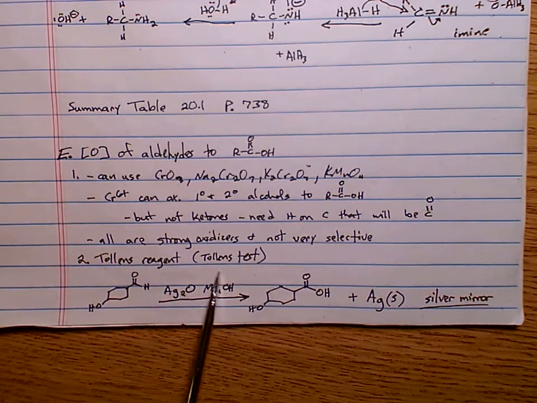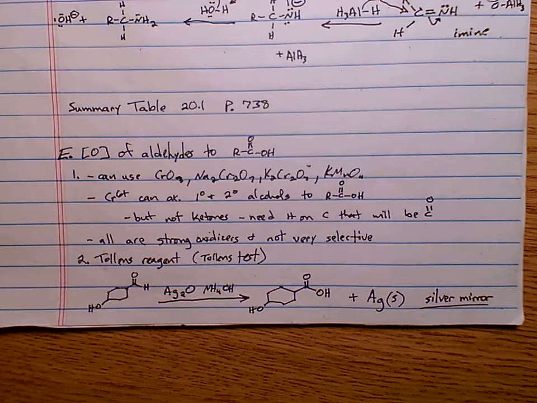This set of reagents, Tollens reagents, oxidizes aldehydes to carboxylic acids. That's all it does. It does not oxidize alcohols to ketones, which means this is a great way to see if you have an aldehyde in your molecule. That's why we call it the Tollens test.